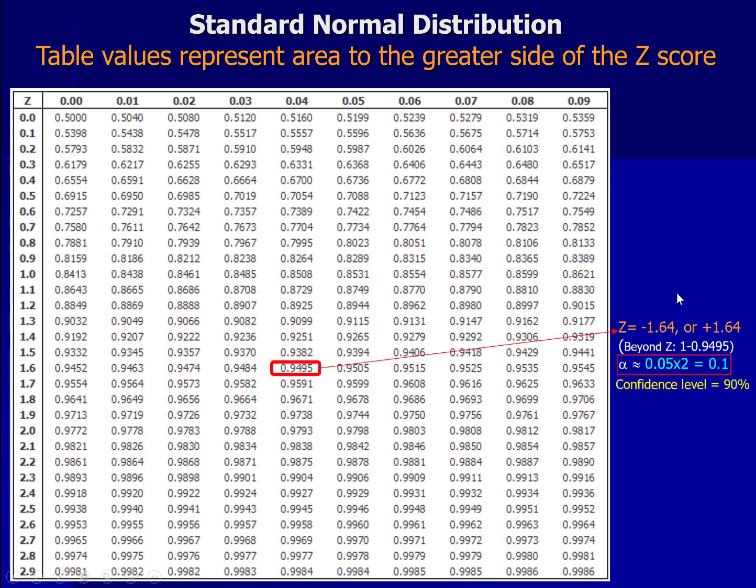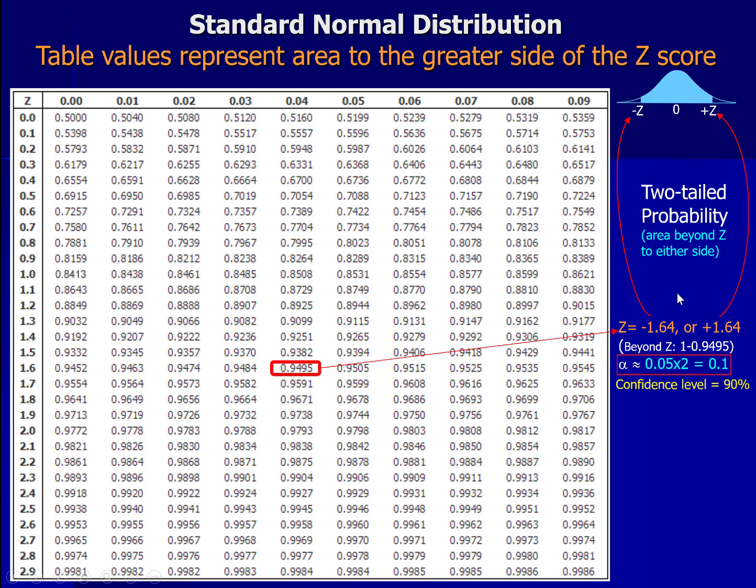Now, if two-sided, that means in both tails. So we consider both the negative and positive z, but we use only one z to substitute in the formula. So the area beyond z is about 0.05 for each end. Multiply by 2, adding the two sides together, it becomes 0.1.